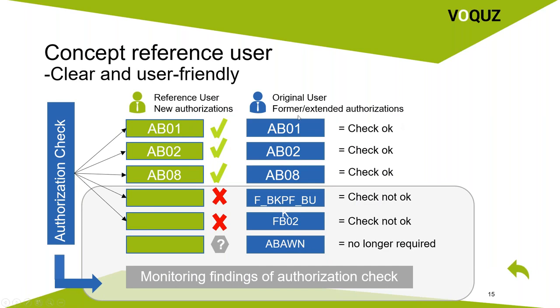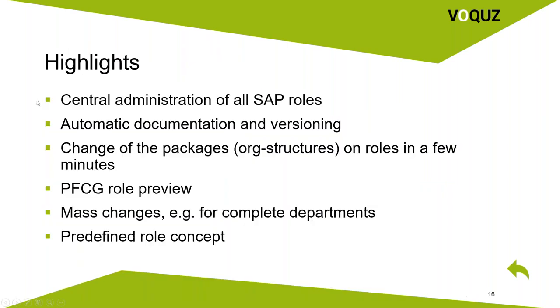And you can see that comparing this to the new role design with our new reference user, there's certain elements that perform okay during the check. We're going to keep those. There's a couple that do not get applied that are supposed to be maybe no longer required. And you can monitor those findings before you make any changes and push these to the systems.